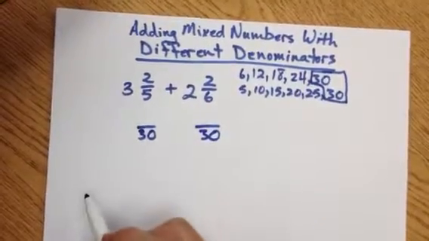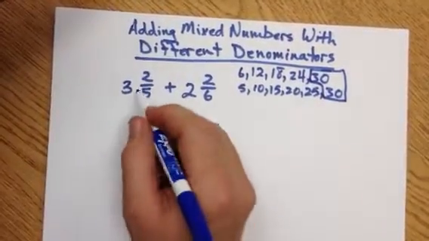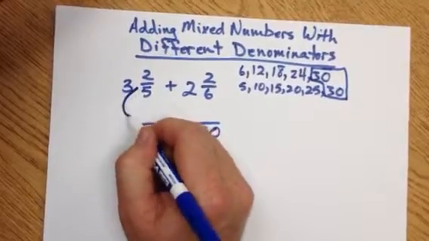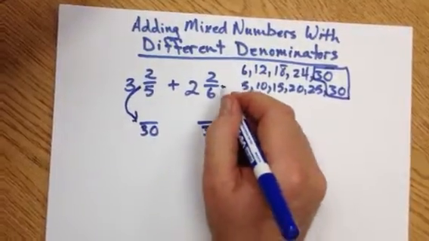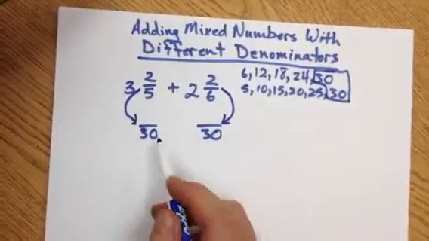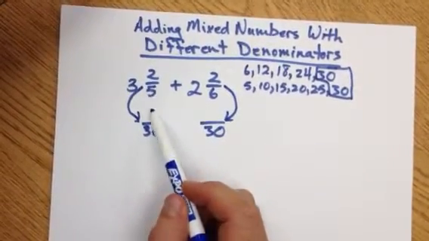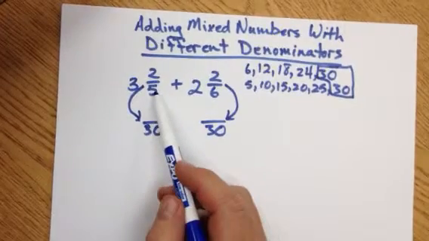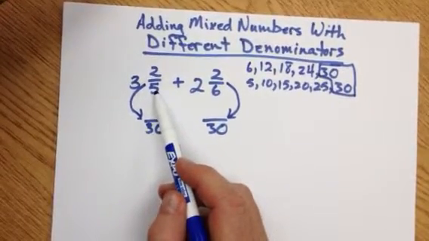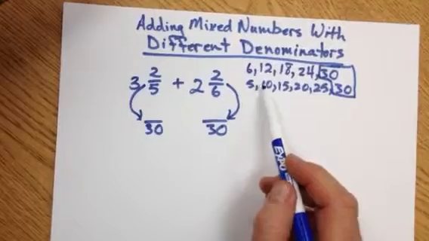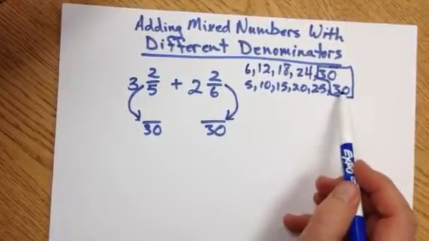Again, we're going to forget about the whole numbers for now. We need to find equivalent fractions, and to do that we need to find out what we multiplied our original denominator by to get our new denominator. So in this case we multiplied 5 by 1, 2, 3, 4, 5, 6.